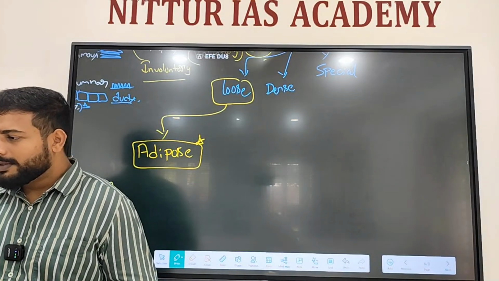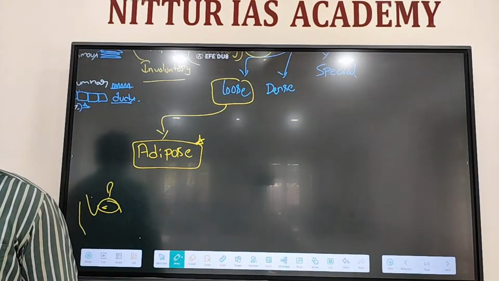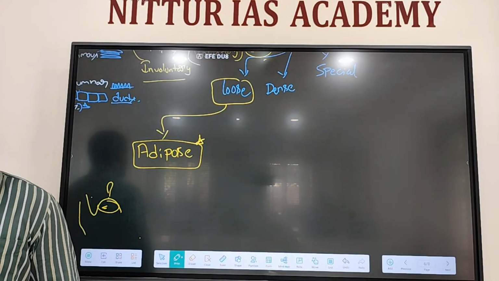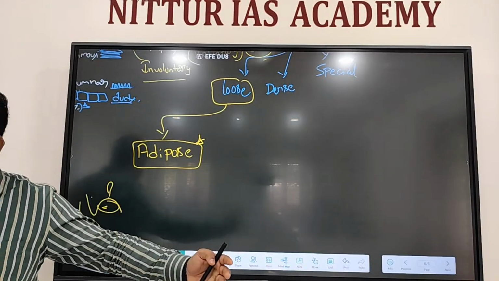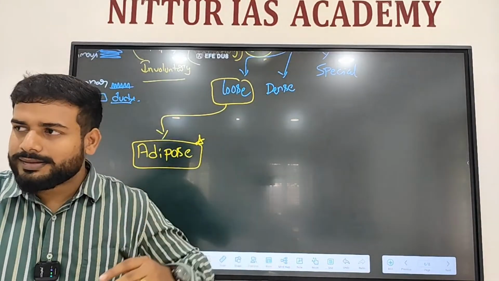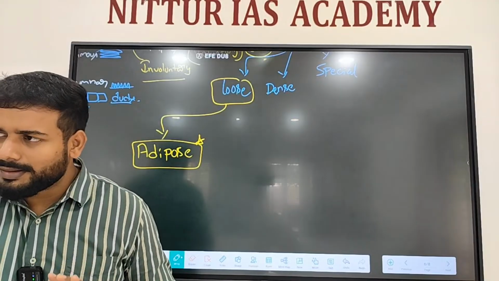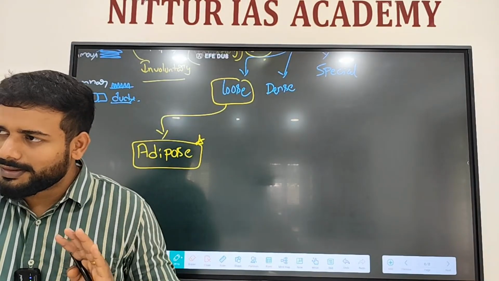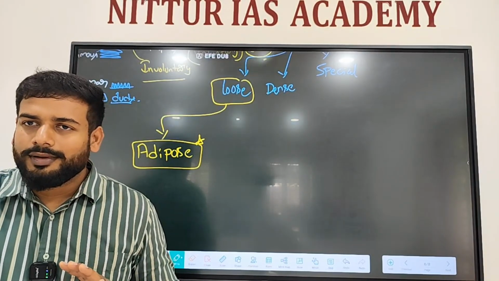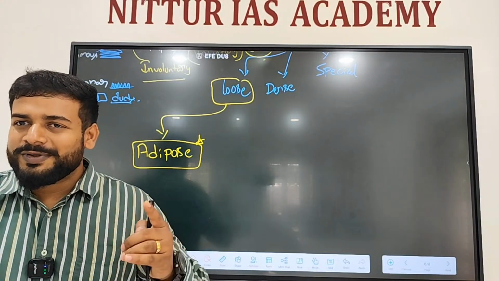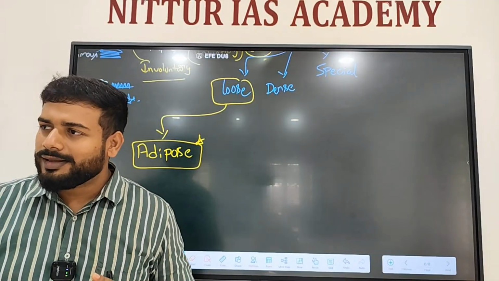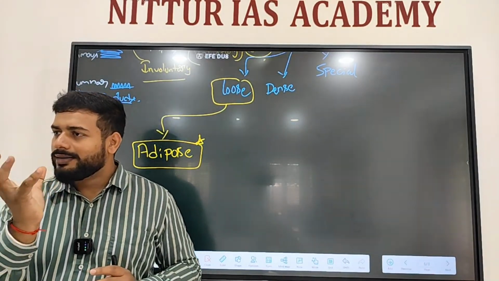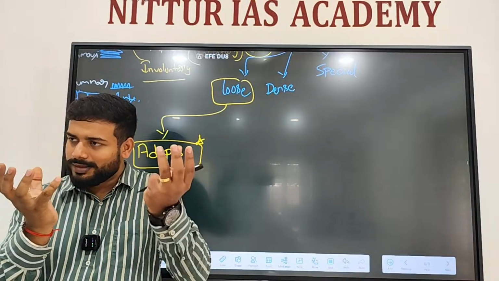See, in your school days, when you are in first, second, third, fourth standard, the science teacher might have told you the sun rises in the east and sets in the west. Is it true? Later, in sixth, seventh standard, the same teacher tells, no, the sun never rises, never sets. The earth rotates, and the sun is stationary.